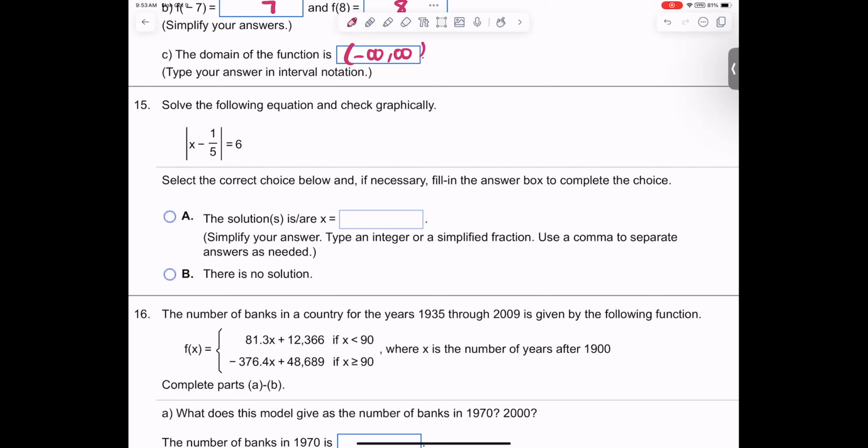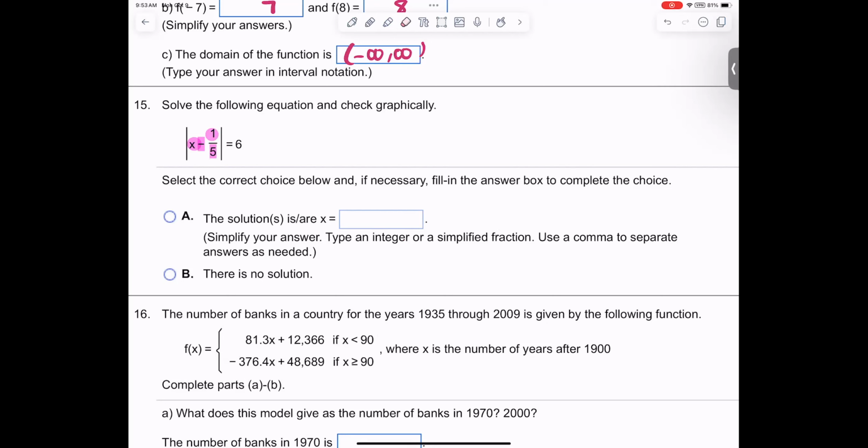Okay, solve the following equation and check graphically. Well, you can if you want to, you don't have to. So how do I solve an absolute value equation? To solve an absolute value equation, you take the stuff that's inside the absolute value bars, not the stuff outside.